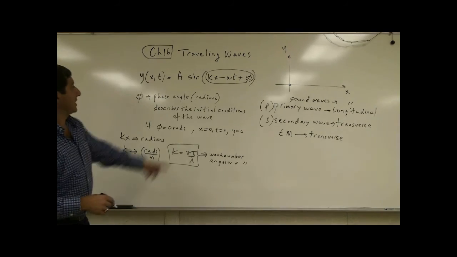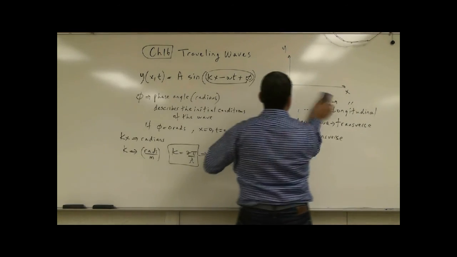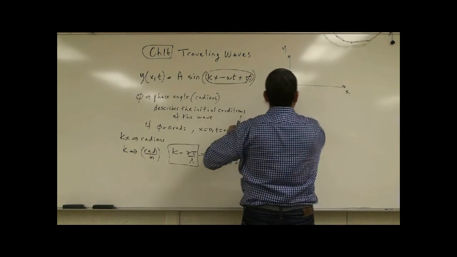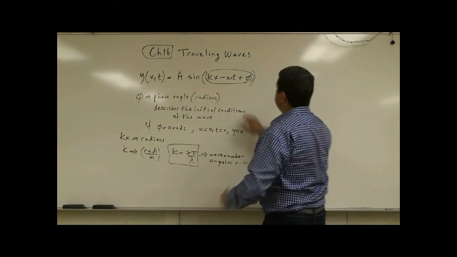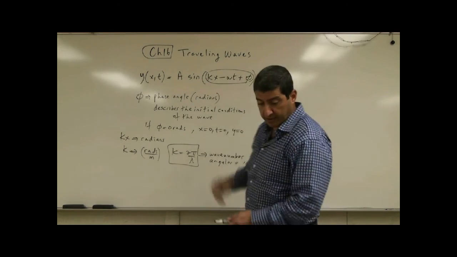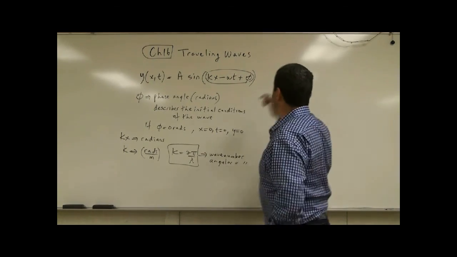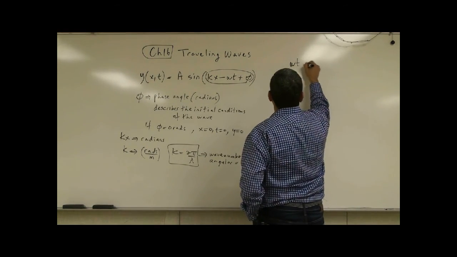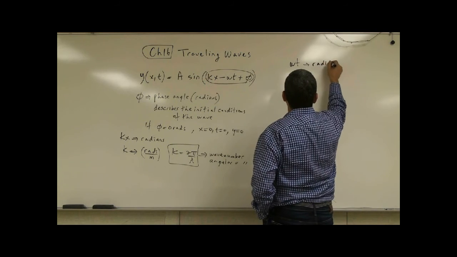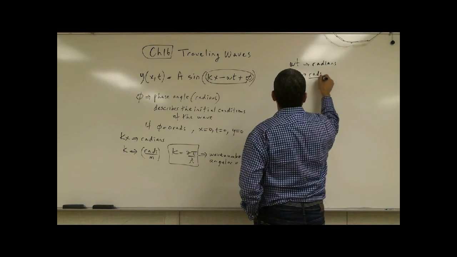Okay, so now let's look at omega t. What does that mean? Omega t is describing the propagation of the wave as a function of time, right? And omega is known as angular frequency. Omega t must have units of radians, so omega must have units of rads per second.